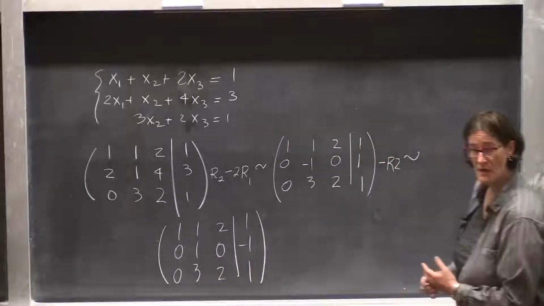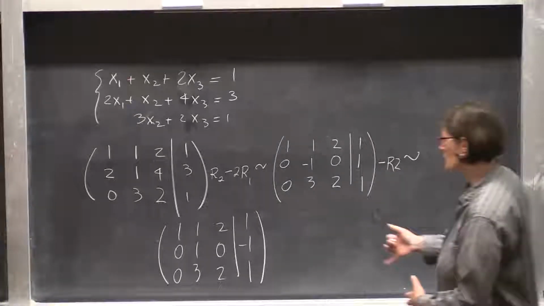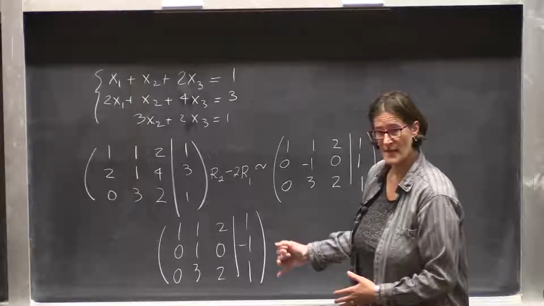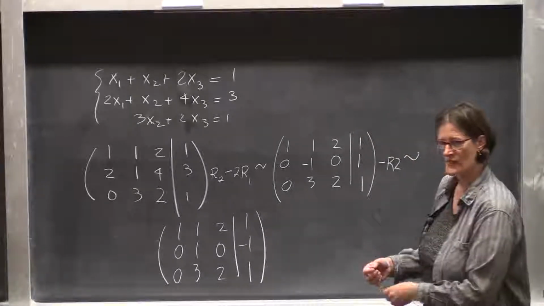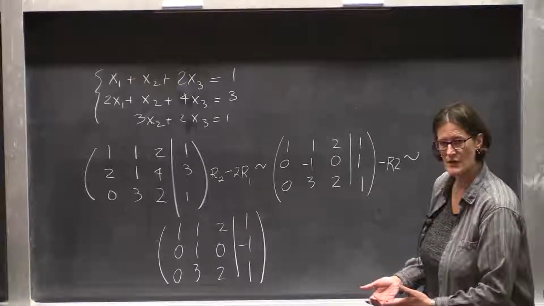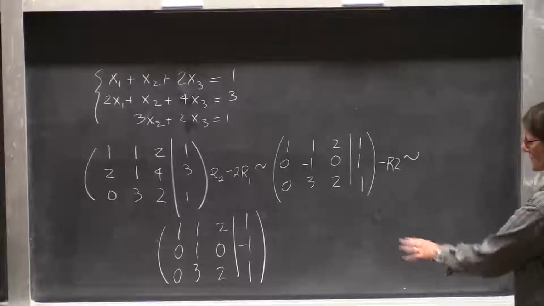But I'm going to take it beyond the level of back substitution because I'm actually more comfortable doing row operations than I am doing back substitution. The moment I start doing back substitution, I'm writing equations, I've got x1, x2, x3 running around. It's just messy. And so I'm just going to keep going.